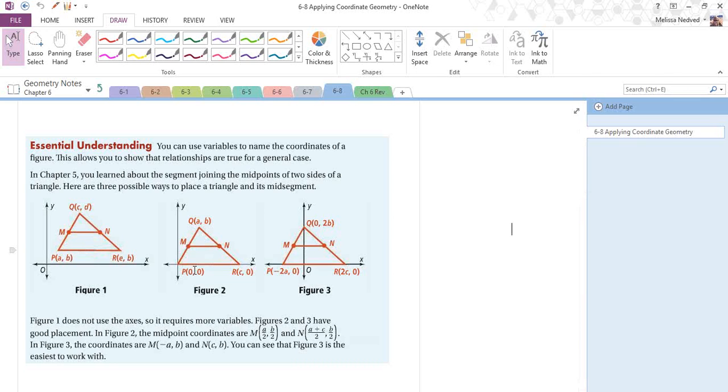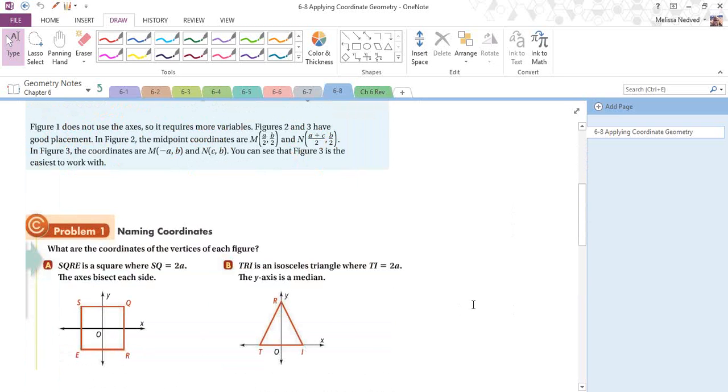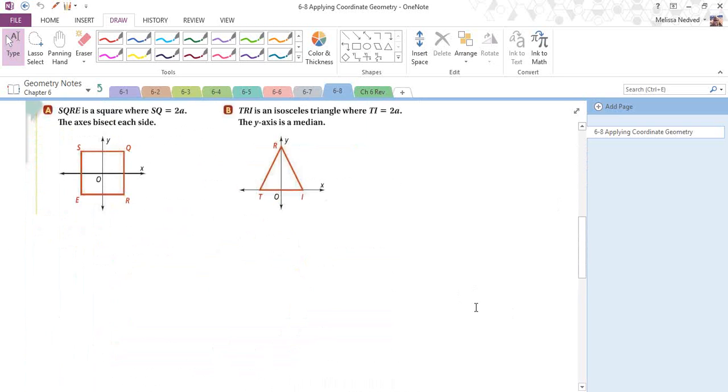We know it's negative because it's along the negative x-axis in quadrant 2, and R is 2C, 0. So it's nice to have those values we can work with. And in that last figure, we've got 3 points, each of those points with a 0 in the position. So again, arbitrarily, we can work with these values. So let's practice that.